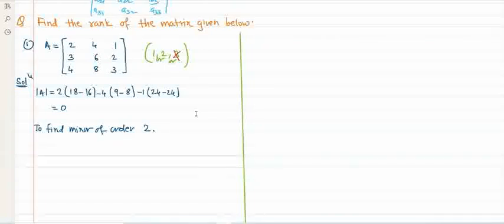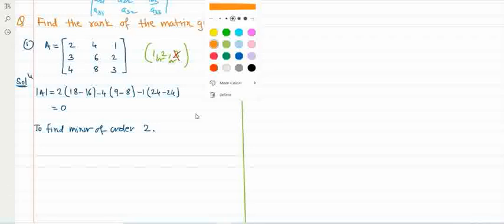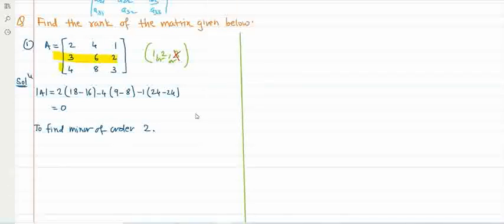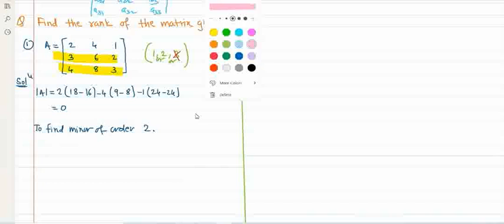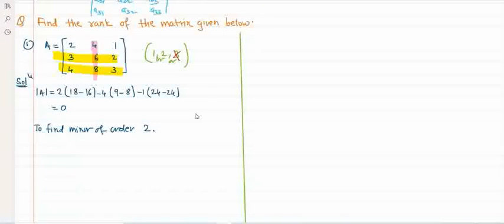Suppose I will use highlighter, last 2 rows, and for the selection of column, suppose I will use second and third column. Then what is the determinant value?